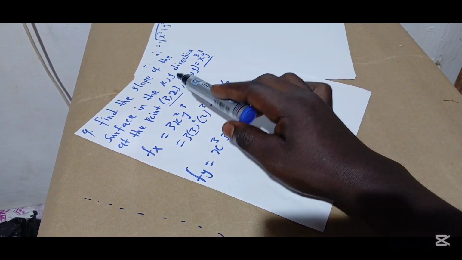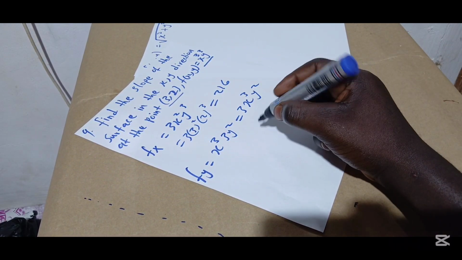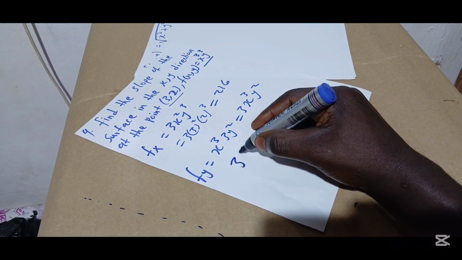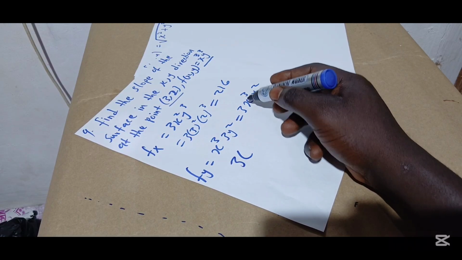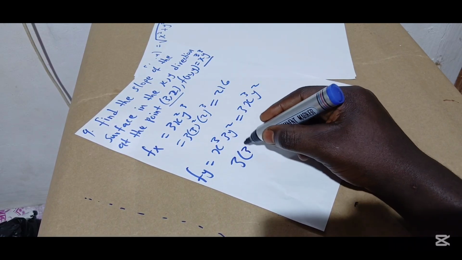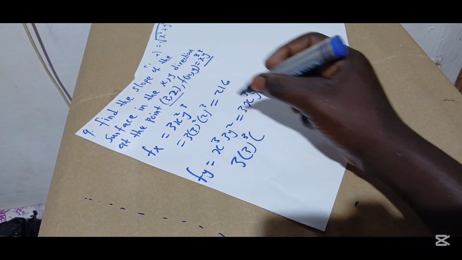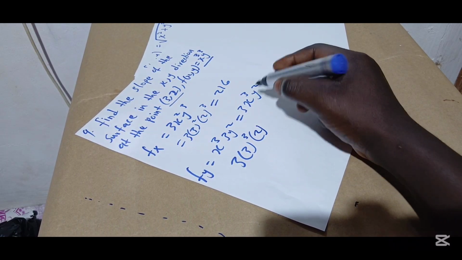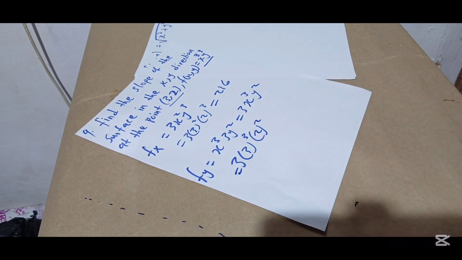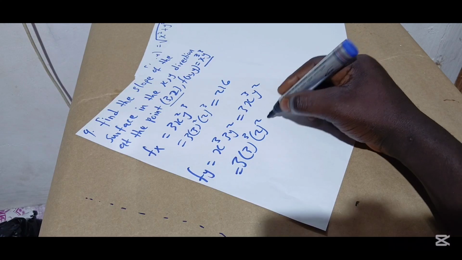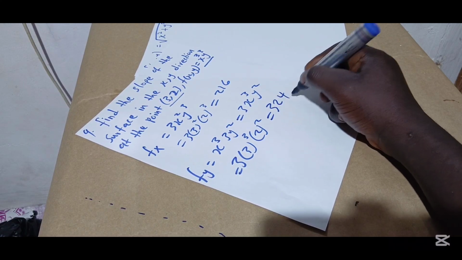So at the point (3, 2), we just substitute the values in, right? So we have 3, x is 3, so 3 to the power 3, and then y is 2, so 2 to the power 2. Let me just punch this on the calculator, straightforward. Our final answer should be 324.